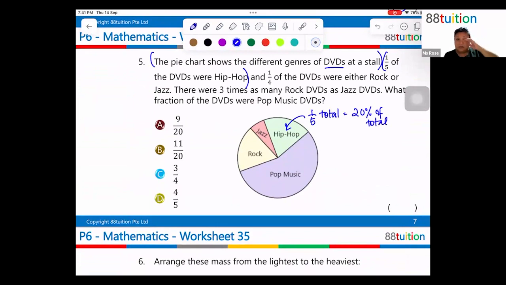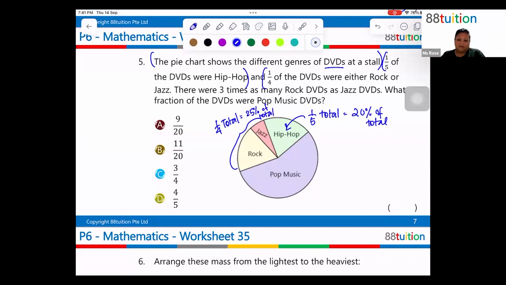Now, 1/4 of the DVDs were either rock or jazz. So either rock or jazz is 1/4 of total, which is the same as 25% of total.